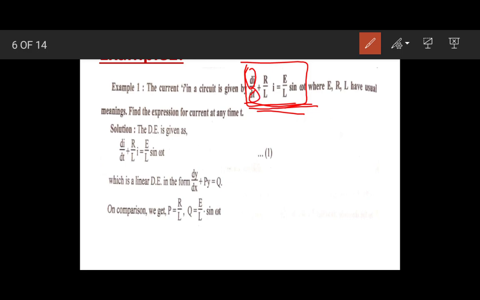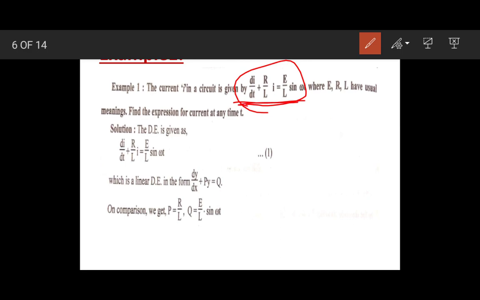If you are interested in the rate of change in current with respect to time t, then you are going to deal with a differential equation. I'm not going to discuss that technical part. Suppose, being an electrical or electronics engineer, you already derived this equation. Being a mathematics teacher, I'm going to tell you how to solve this differential equation.